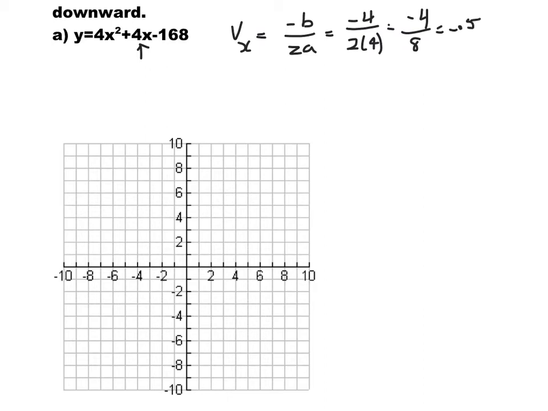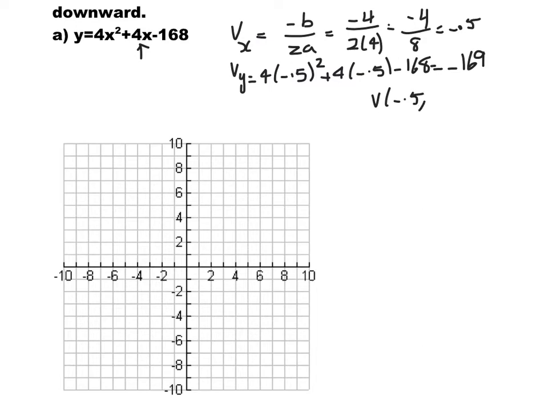Now to find the y-coordinate, we have to substitute negative 0.5 in the equation. So v sub y is 4 times negative 0.5 squared plus 4 times negative 0.5 minus 168. If you evaluate this one, we get negative 169. So we know the vertex is at negative 0.5 and negative 169.